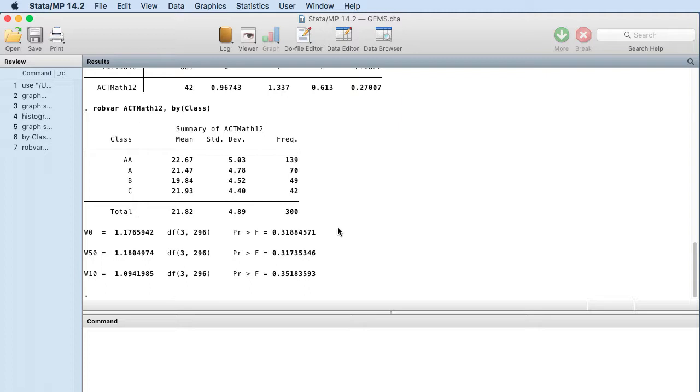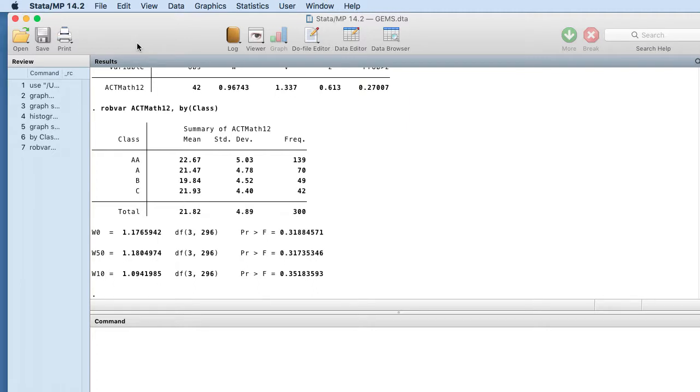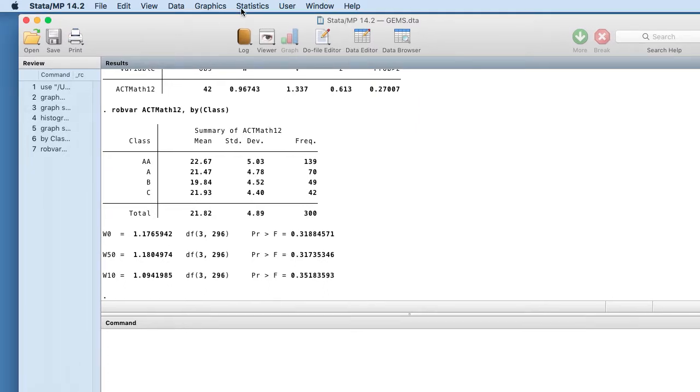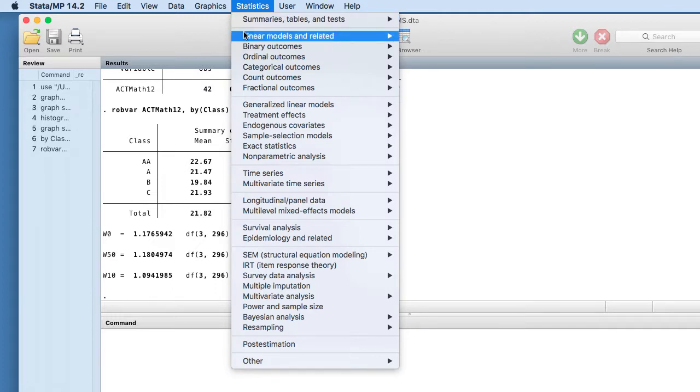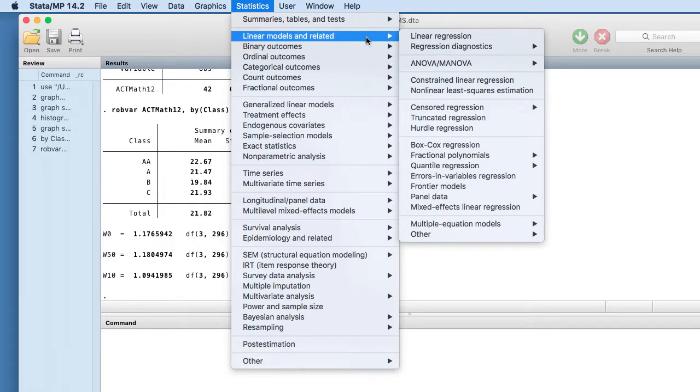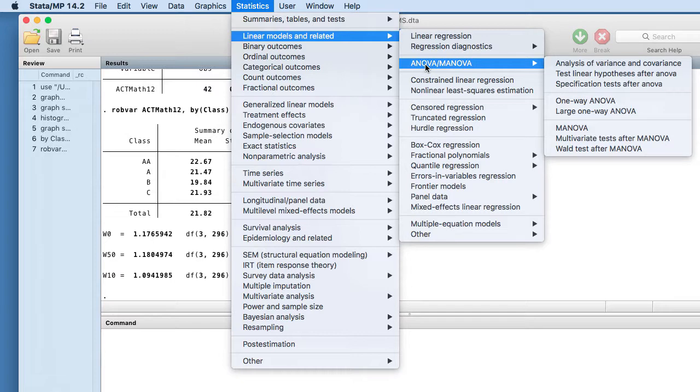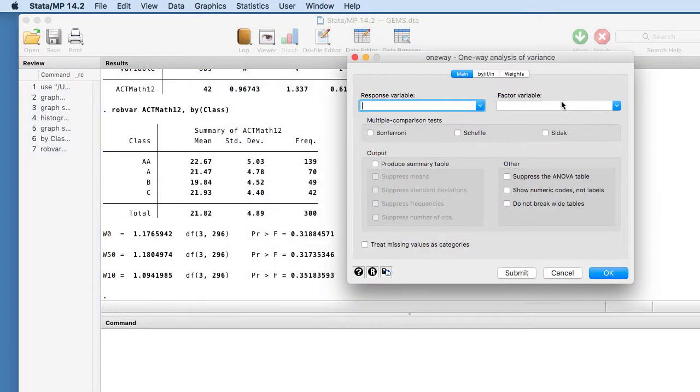But we're going to go ahead and run the ANOVA analysis. We're going to go ahead and do that now. So we go to linear models and ANOVA, MANOVA, and then one-way ANOVA.